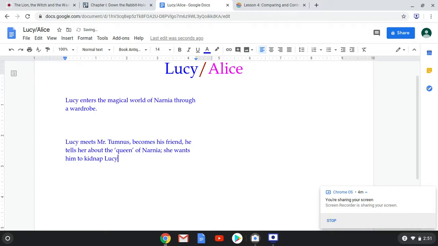Tumnus helps Lucy escape, and she forgives Tumnus.